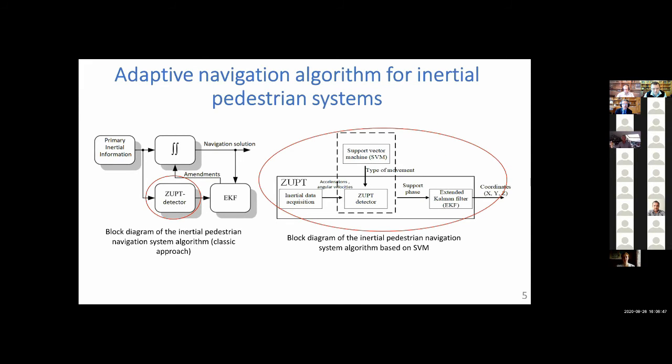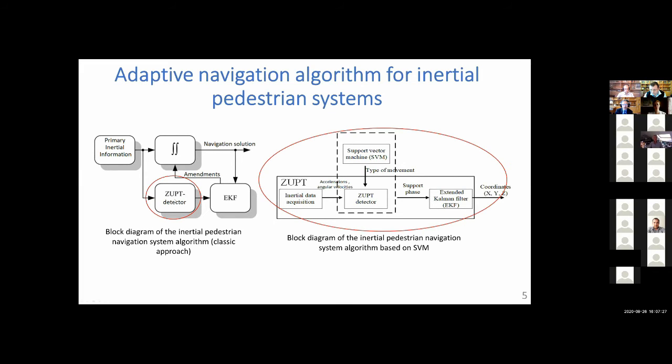Our method uses the widely known diagram of the algorithm for inertial navigation, where primary inertial information undergoes integration, and the noisy navigation solution is refined with an extended Kalman filter and with data from the ZUPT detector to account for zero velocity update moments.